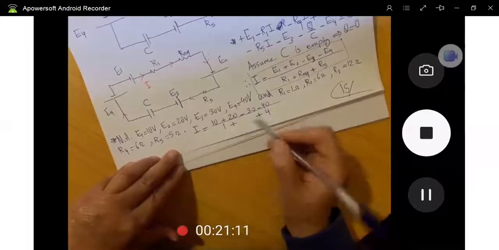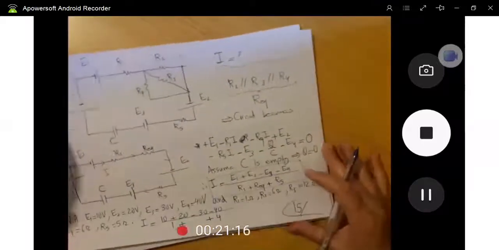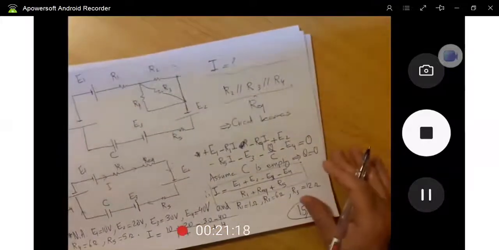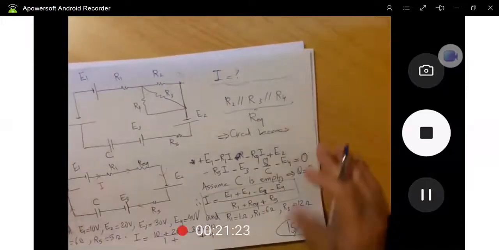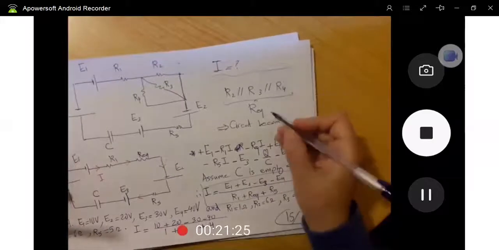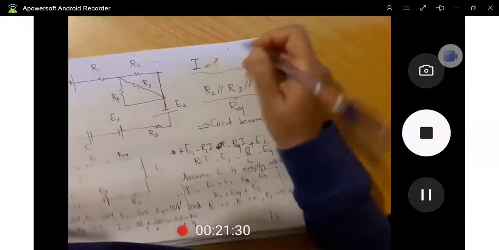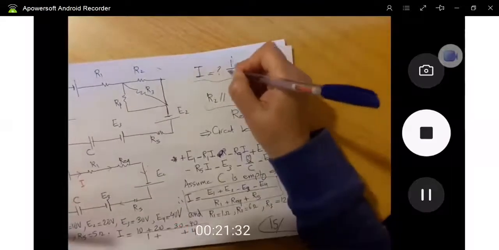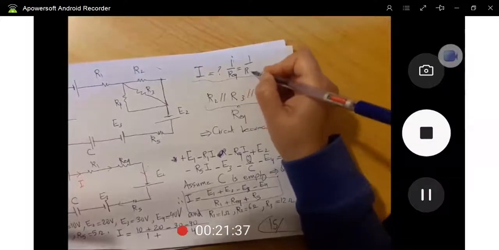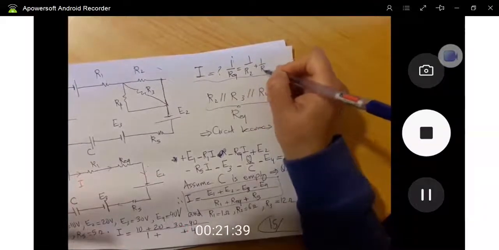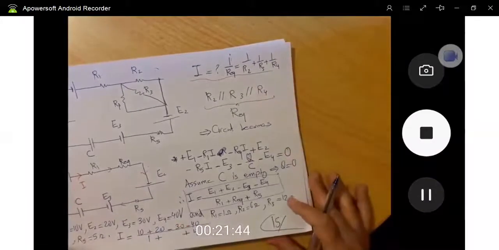To find R equivalent, ladies and gentlemen, if you have resistances in parallel, these resistances are in parallel, so we have 1 over R equivalent equals 1 over R2 plus 1 over R3 plus 1 over R4.